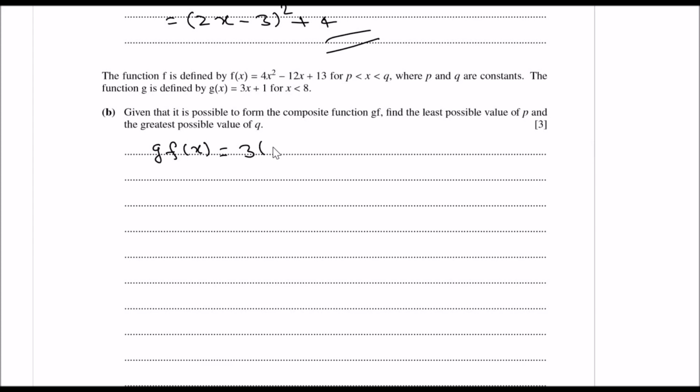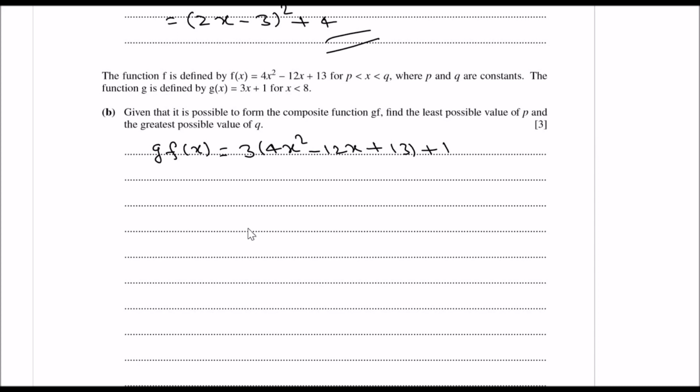In place of x, now we will put f(x), right? 4x² − 12x + 13, and plus 1. So for x we have substituted that and plus 1 outside. Okay, now let us simplify.